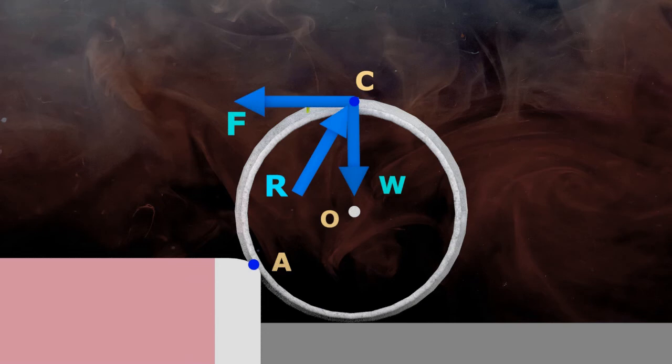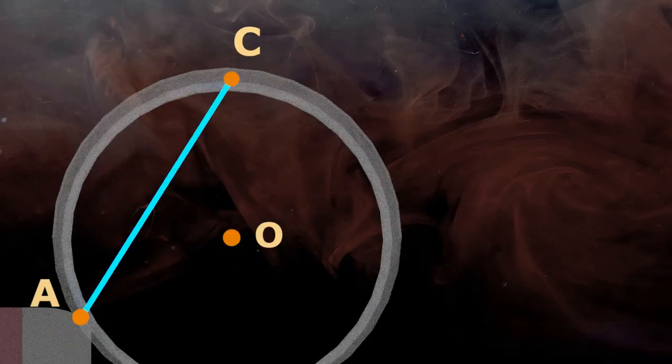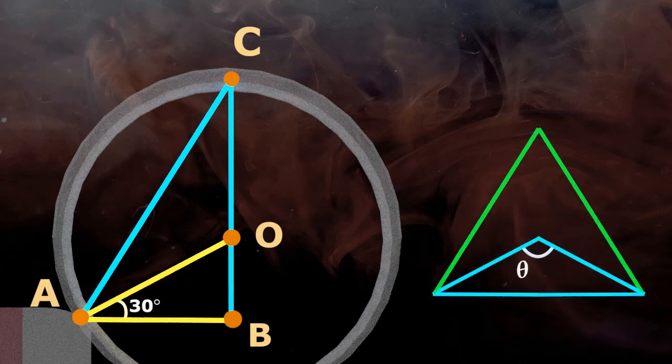Now let's find out the angle it makes with the horizontal. First of all, join the line AC. In the previous problem we calculated the angle line OA makes with the x-axis, that is 30 degree. Extrude a vertical line from C to B to make a triangle. Now we know that for a triangle, the inscribed angle, that is the angle at the circumference, is half of the central angle.